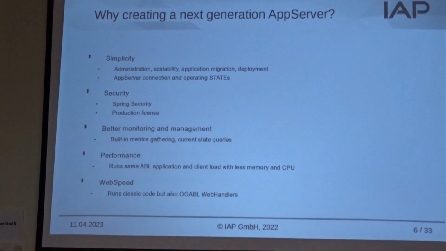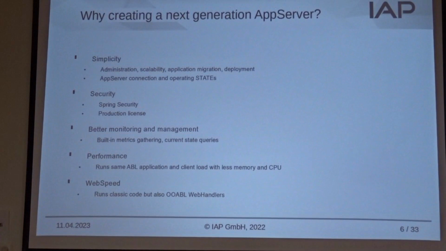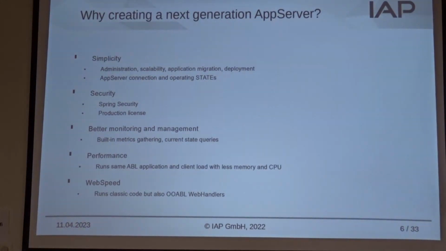And that is for a normal OpenEdge application not so important, because if you have a screen and you're working with the app server, you make one call. If you start the screen, you fetch the data, and maybe after a while you save it again. That doesn't matter if you work with a Pacific app server or with a classic app server. But if you have more of an app or a REST-oriented application, then you have more microcalls.